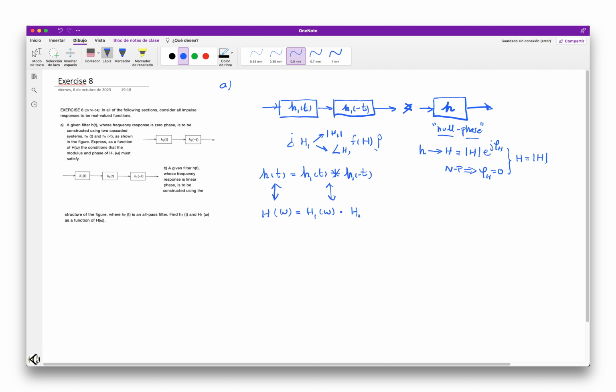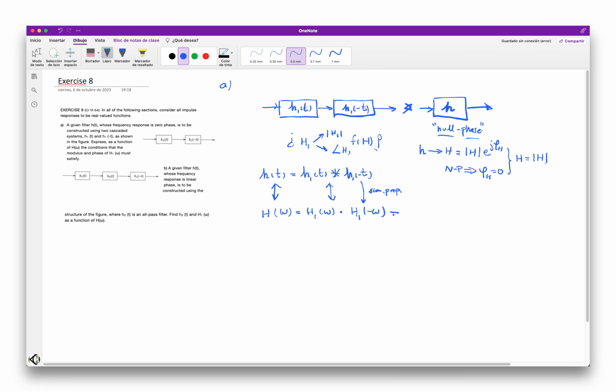So this will be H1 of minus omega. Why do I put that the transform of h1 of minus t is H1 of minus omega? Because there is this symmetry property that we know the Fourier transform always has, regardless of what h1 of minus t is.